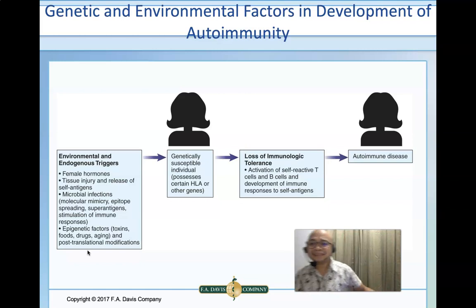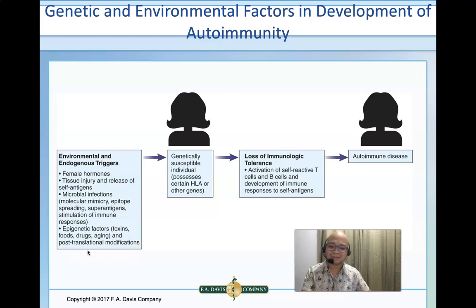Okay? Microbial infections may also trigger the development of autoimmunity. There are several instances, such as the first one, which is known as molecular mimicry. Okay, so mimicry refers to the fact that many bacterial or viral agents contain antigens that closely resemble the structure or amino acid sequence of self-antigens.